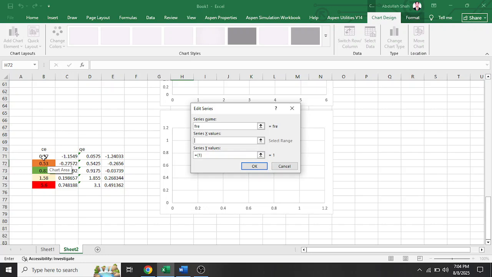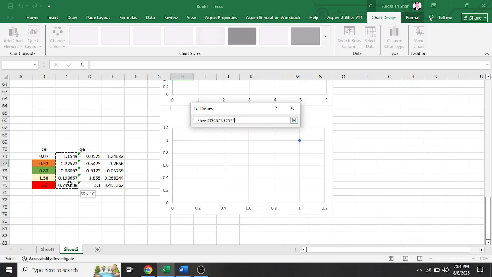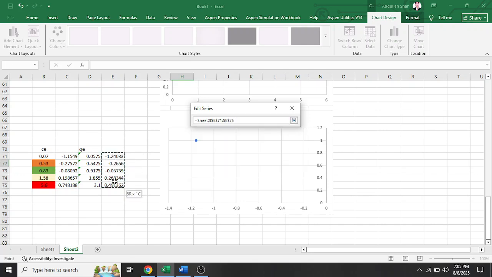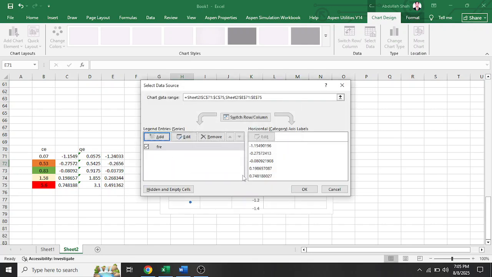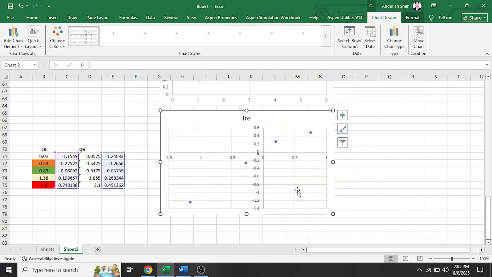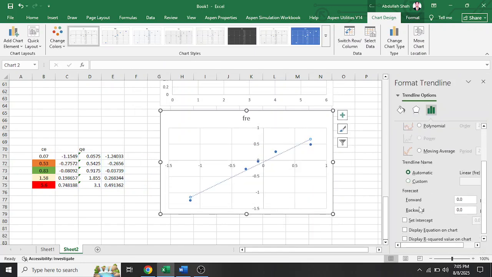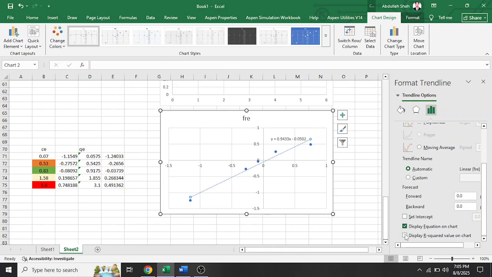On the x-axis we are plotting log of CE, and on the y-axis log of QE. Click on OK. Now click on add trend line, and here display equation and R square.